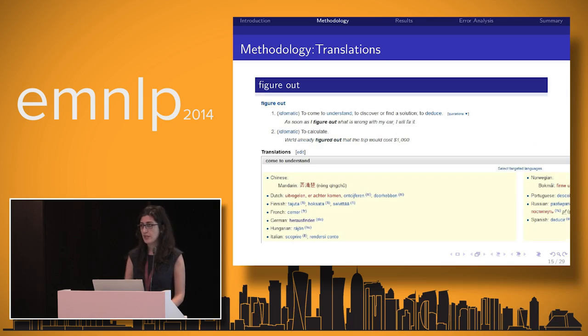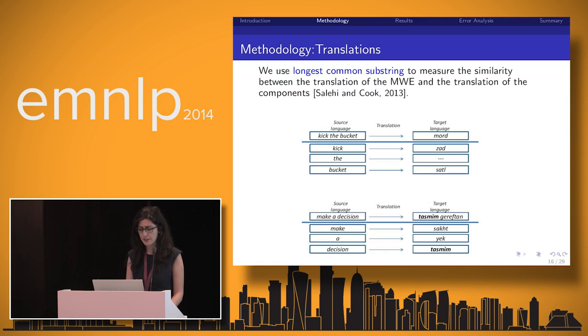We also use the translations given in Wiktionary. For a multi-word expression, we can find different translations in multiple languages. The work is based on our previous paper in StarSem 2013, in which we translate the multi-word expression, and also translate the components into another language, and then compare the translation of the components with the translation of the multi-word expression.